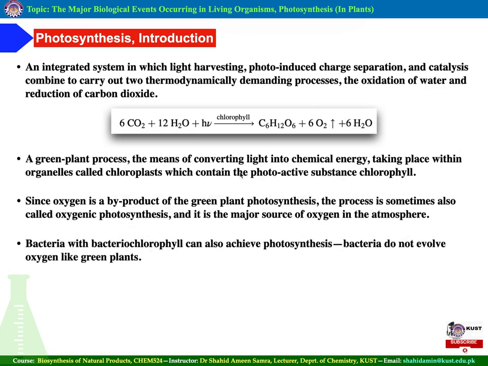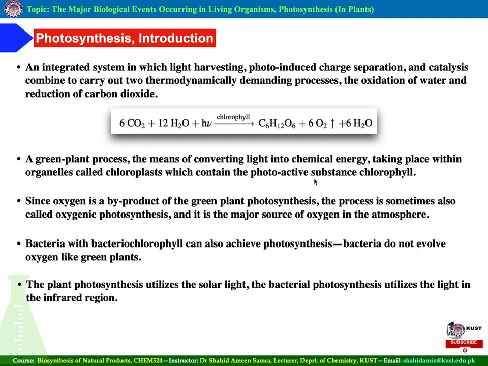In addition to green plants, some bacteria can also carry out the process of photosynthesis, and these bacteria contain a special type of chlorophyll that is known as bacterial chlorophyll. There are different types of bacterial chlorophyll, and the process of photosynthesis is carried out. But there is one difference: in case of green plants, as we discussed, oxygen is produced, but in case of bacterial photosynthesis, no oxygen is produced.